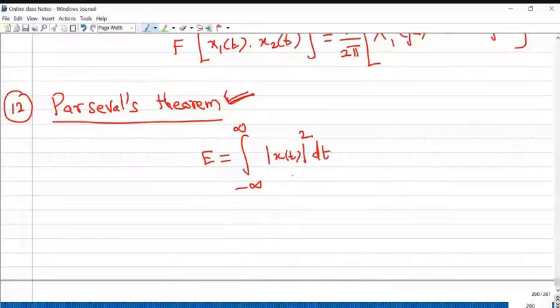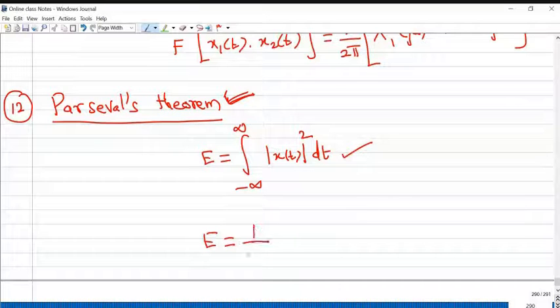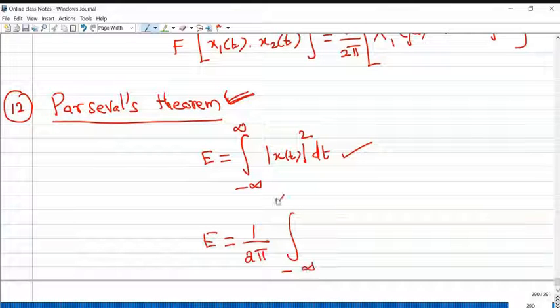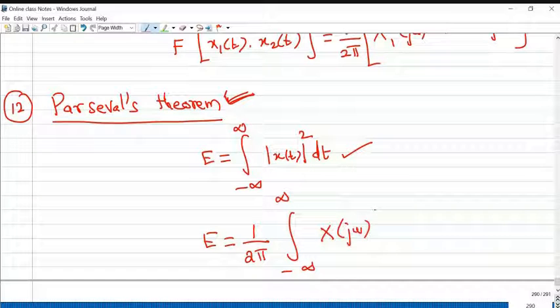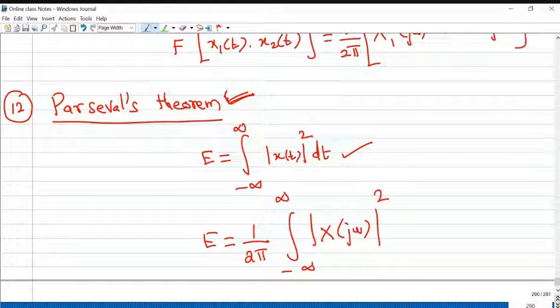The same thing we can obtain with the help of the Fourier transform, that is, the energy spectrum or energy density spectrum: 1 by 2 pi times the integral from minus infinity to infinity of modulus x of j omega squared d omega. So this is the property.